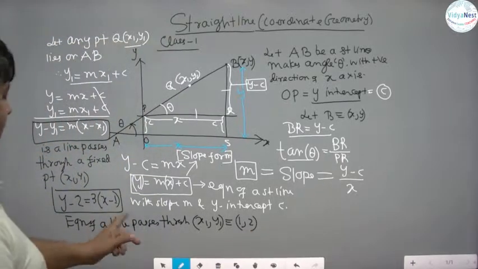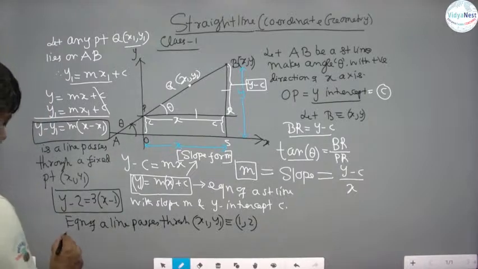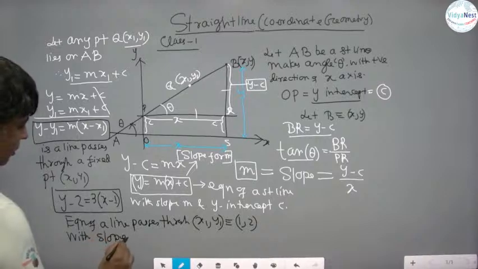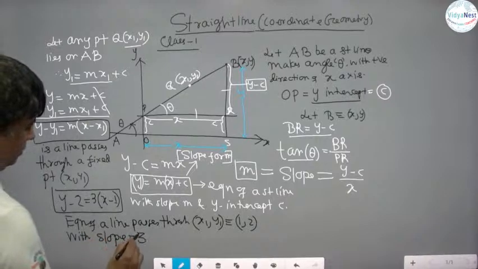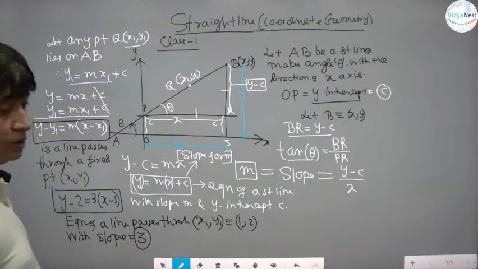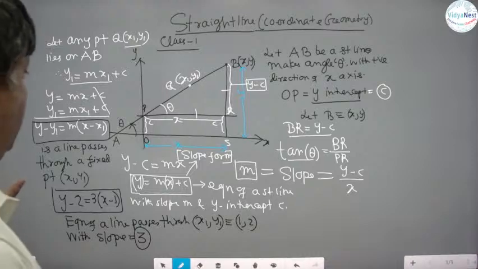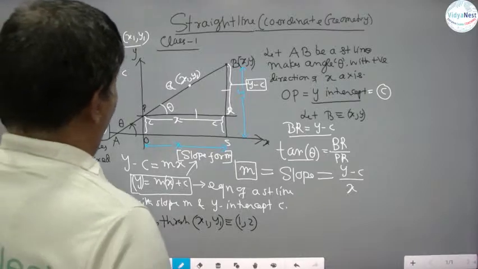Equation of line passes through (1, 2) with slope 3.